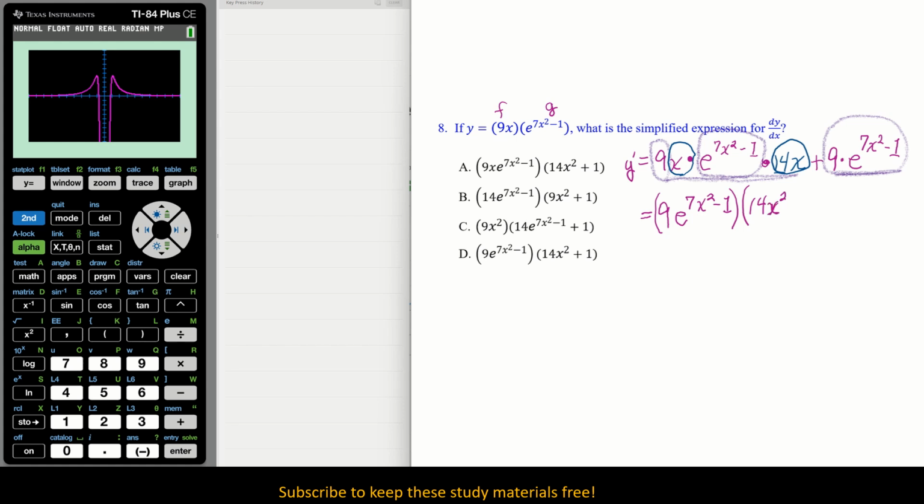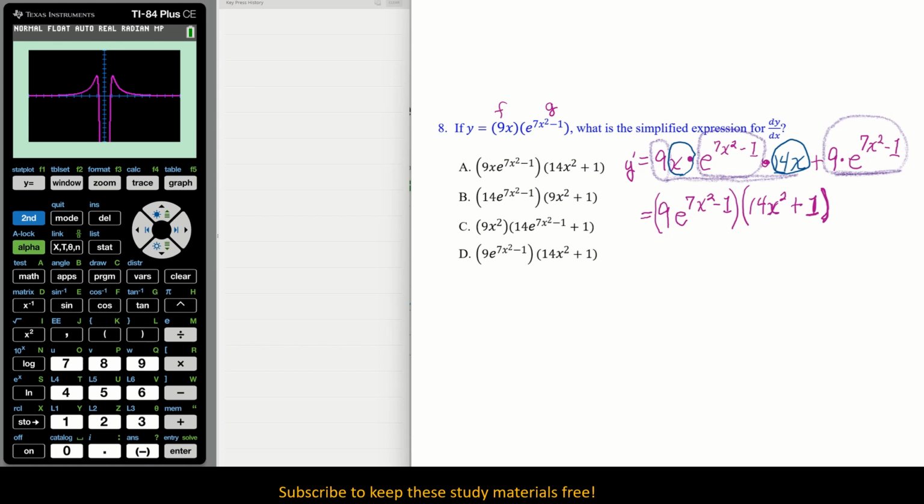And then I leave my plus. Well, what happened when I pulled out the 9e to the 7x squared minus 1? That just left a number 1. If you've done several of these, you get used to what it should look like and how to do them. If you're not sure what I did, rewrite it, maybe write it differently and do it for yourself again. I've done so many of these that I just kind of see it.